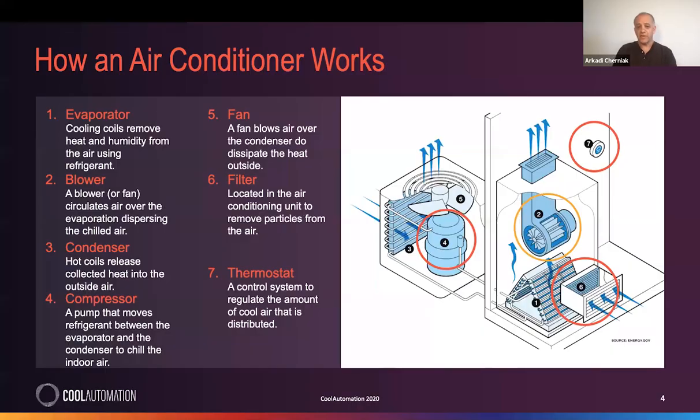So what is the HVAC? The HVAC system basically is what you see here in the picture. All of the HVAC systems, all the new, advanced, modern, or legacy systems, all have the same principle. They have these basic components that split between two parts of the system, the outdoor part and the indoor part.